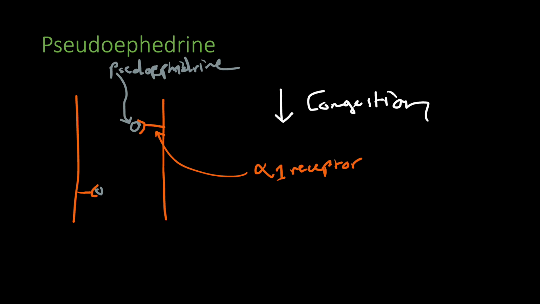So it's going to decrease congestion this way, or cause decongestion. So it's not too useful, but it is an add-on therapy. It's listed as an add-on therapy for allergic rhinitis overall. And that's pretty much it.